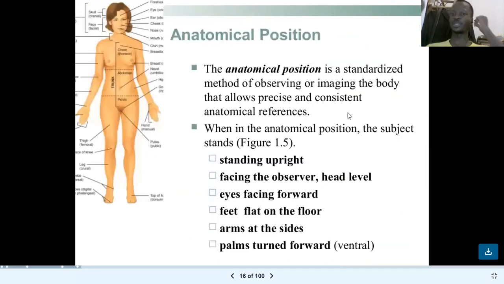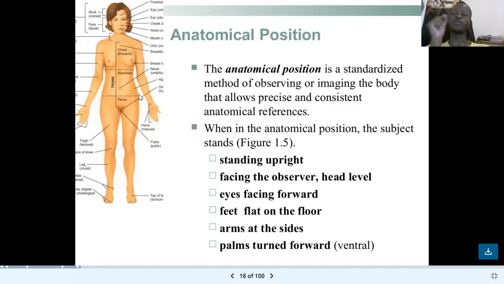Then coming to this position, this is what we refer to as the anatomical position, right? Which is actually the standardized method of observing or imaging the body that allows precise and consistent anatomic references.